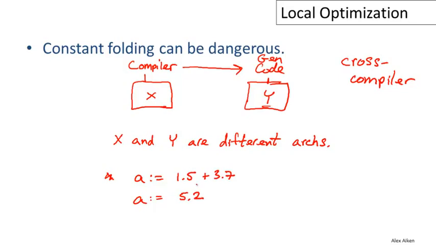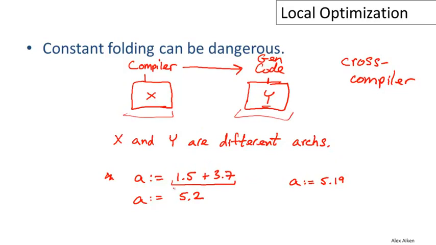All right. Now, the problem is that if you simply execute this as a floating point operation on architecture X, the round off and the floating point semantics on architecture X may be slightly different from the semantics on architecture Y. It could be that if you did it in architecture Y directly, that you might get something like A equals 5.19. There might be a small difference in the floating point result, depending on whether you execute the instruction here or here.